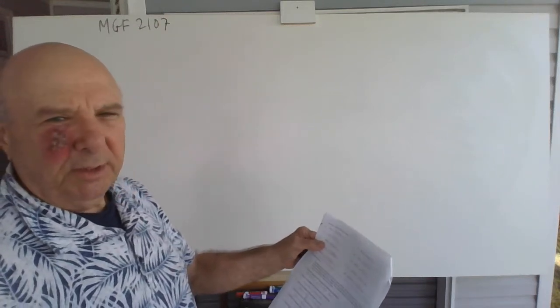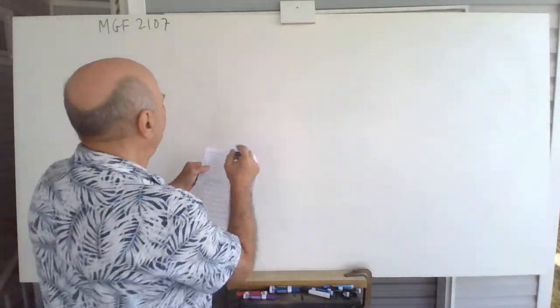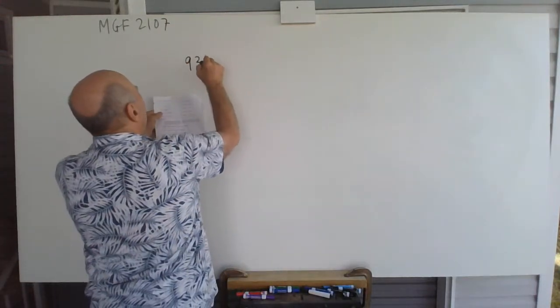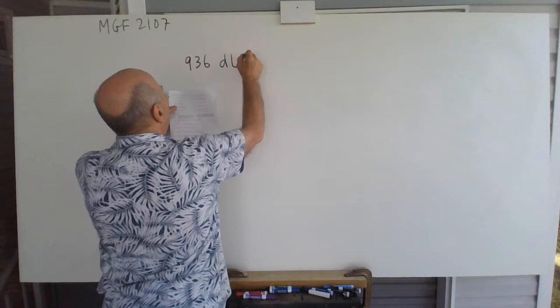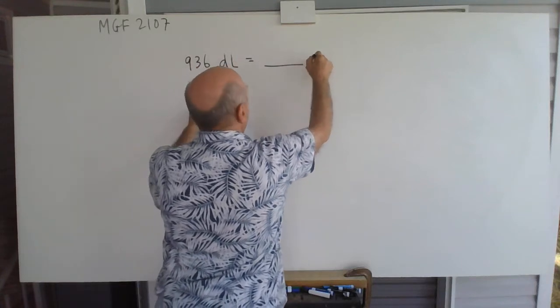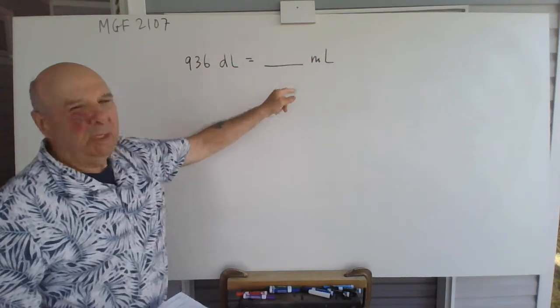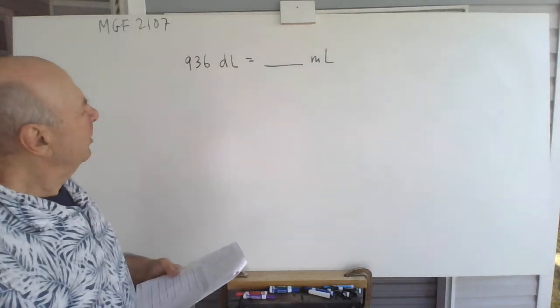We can do deciliters again. We'll go the other direction. 936 deciliters equals how many milliliters?